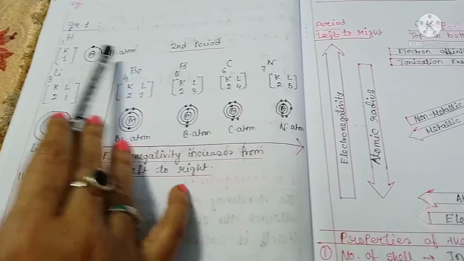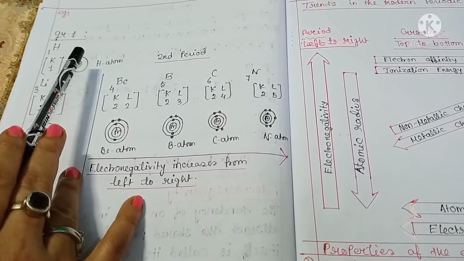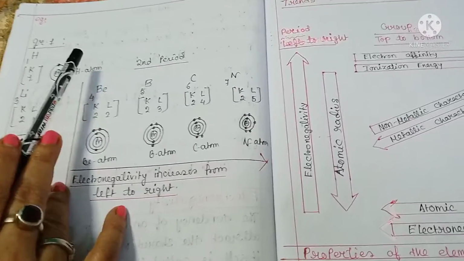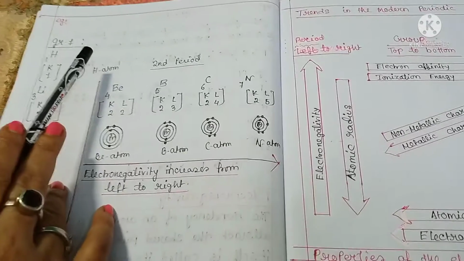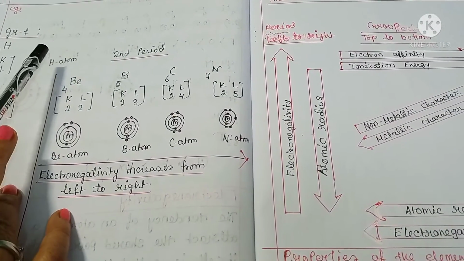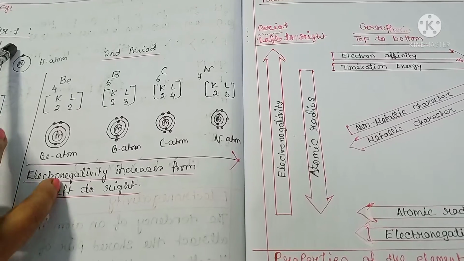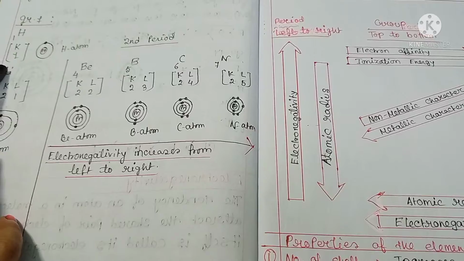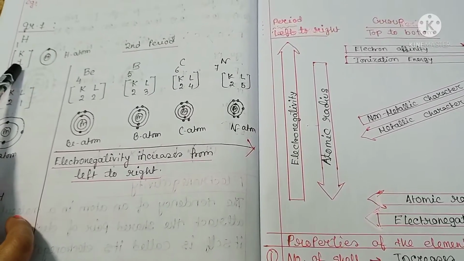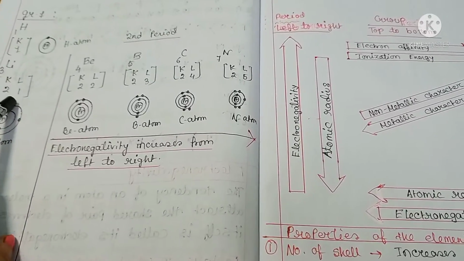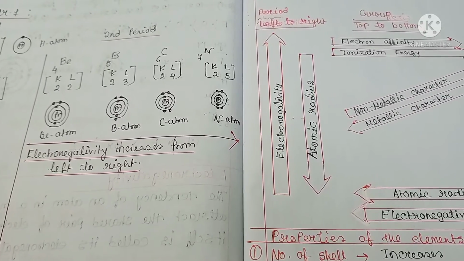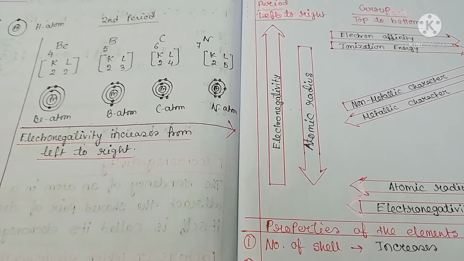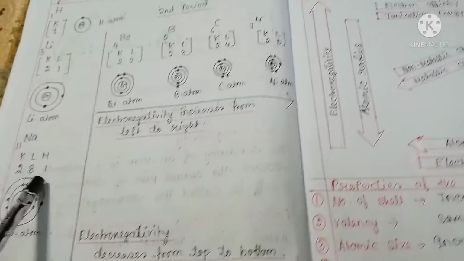The greater the size of the atom, the lesser the electronegativity, since the electrons are further away from the nucleus and experience a lesser force of attraction. See group 1. In the case of hydrogen, there is only 1 shell. In the case of lithium, there are 2 shells. In the case of sodium, there are 3 shells.